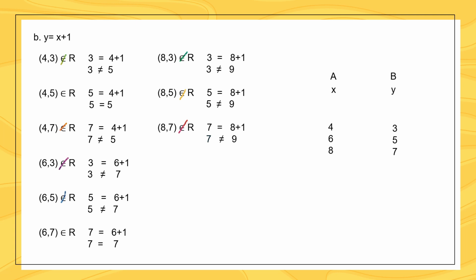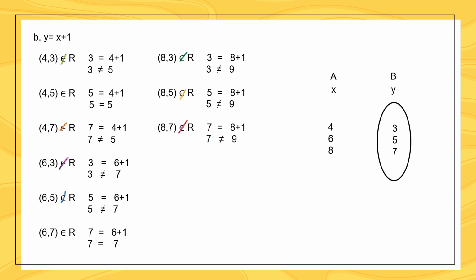Next, (6, 3) is not an element of S because 3 is equal to 6 plus 1, and 6 plus 1 is equal to 7. So 3 is not equal to 7. (6, 5) is not an element of S because 5 is equal to 6 plus 1, and 6 plus 1 is equal to 7.